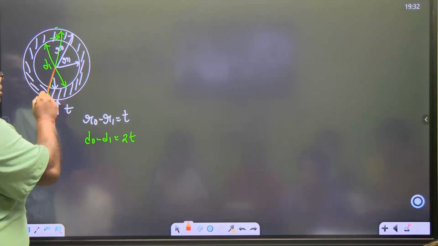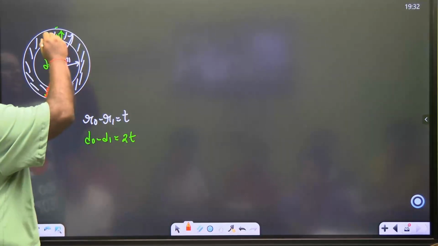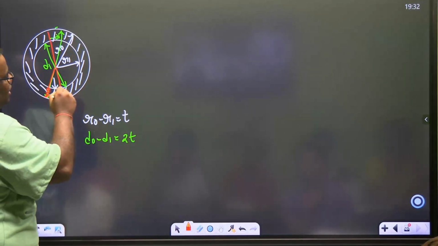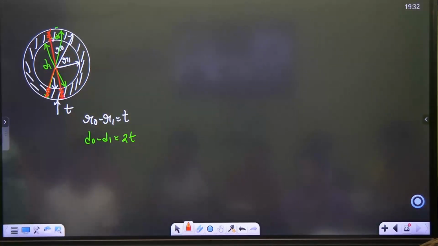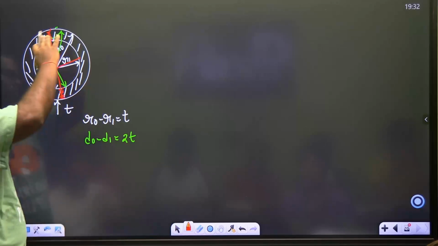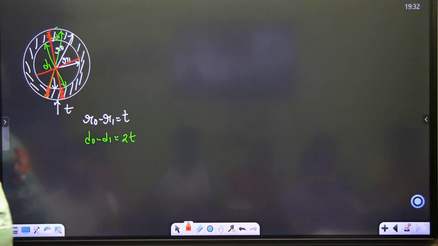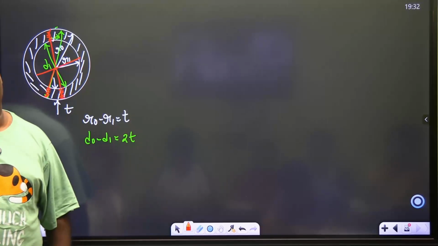Outer radius means you are attaching the thickness only once. Outer diameter means you are attaching the thickness twice. And inner, no problem, this is the inner diameter. So outer minus inner is actually 2 times the thickness, but outer radius minus inner radius is 1 time the thickness.